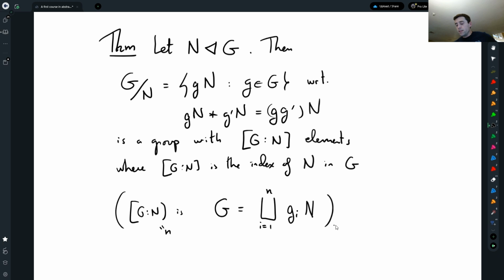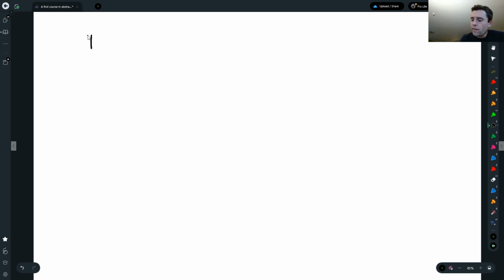And the index is the number of different cosets, which will be the number of elements of the quotient. So let's prove that this is actually a group. Here's the proof.